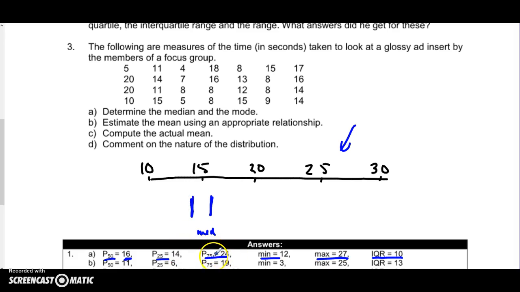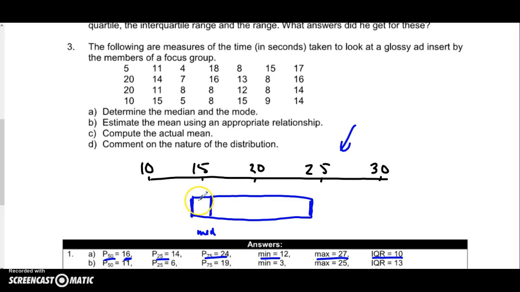The third quartile, or the 75th percentile, is at 24. Then you construct a box between the first quartile and the third quartile, which will encompass the median, the 50th percentile.